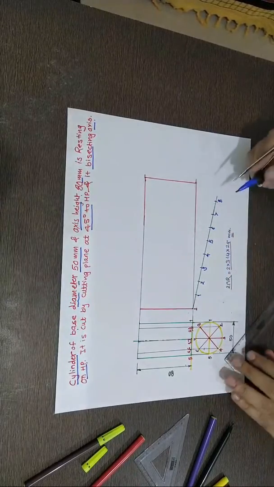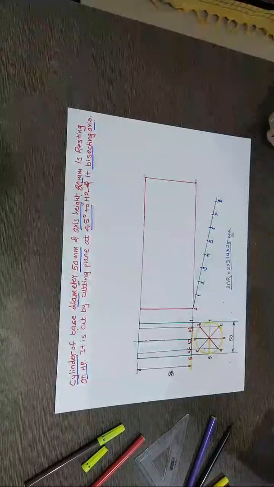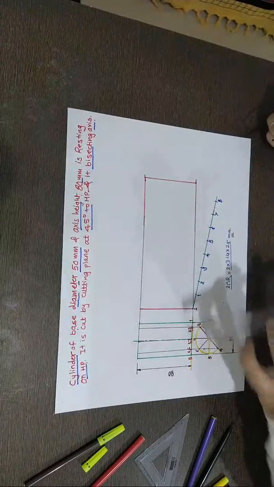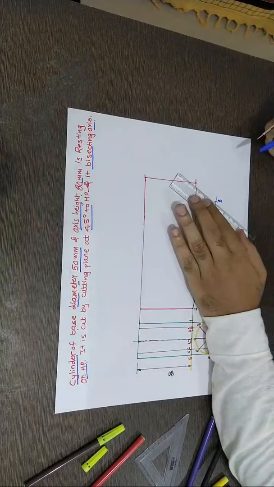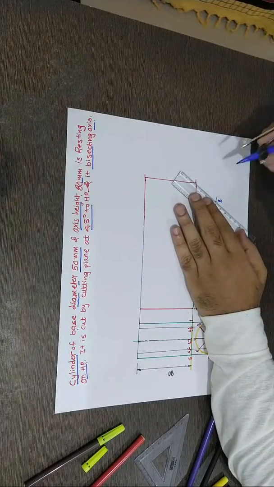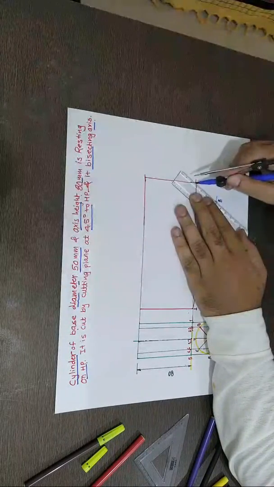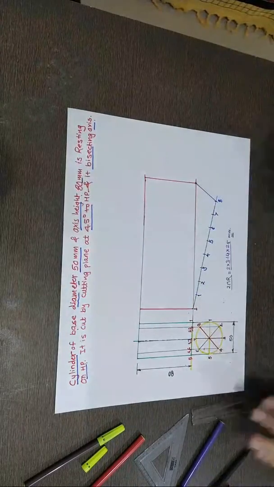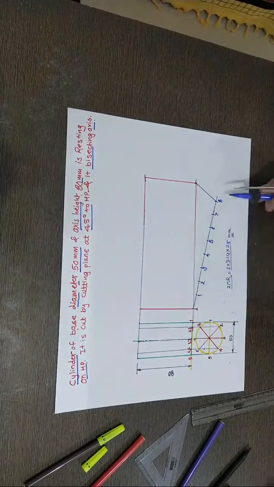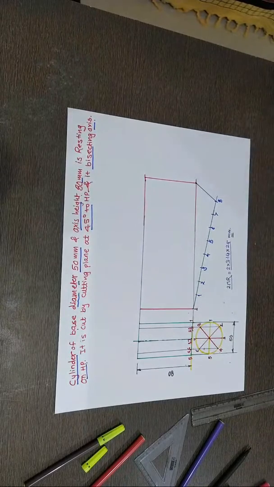Last one. Now actually we should have a roller or a drafter that will make your drawing very neat and clean. Join this last part with the other end. This is the acute angle line. Join this end with this end.